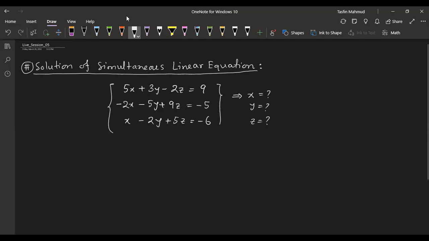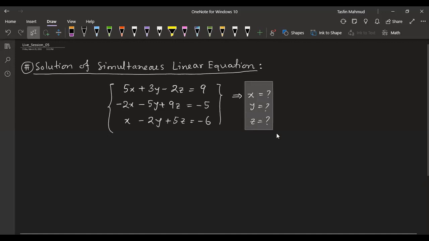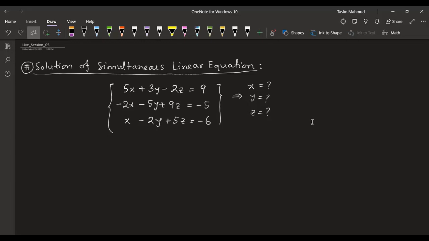We already know about the method of substitution, right? Substitution method or method of elimination, প্রতিস্থাপন পদ্ধতি, তারপরে অপনয়ন পদ্ধতি, তাই না? এগুলো আমরা দেখেছি। We know about the substitution method or the elimination method.